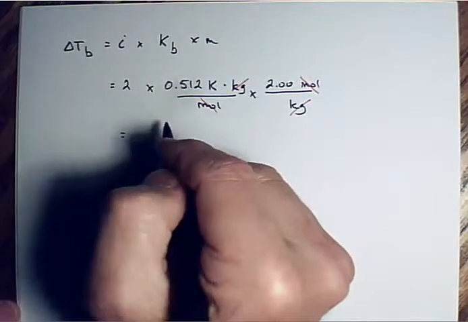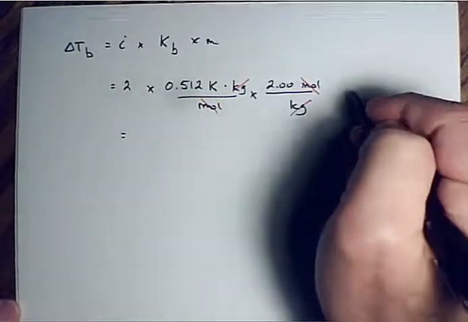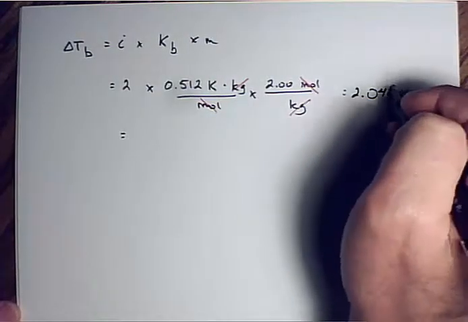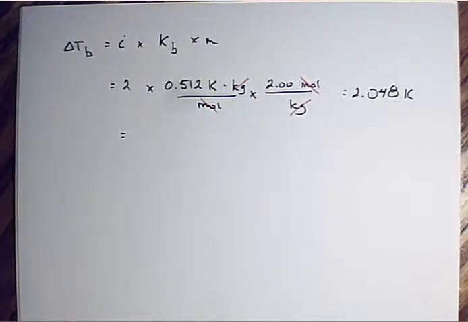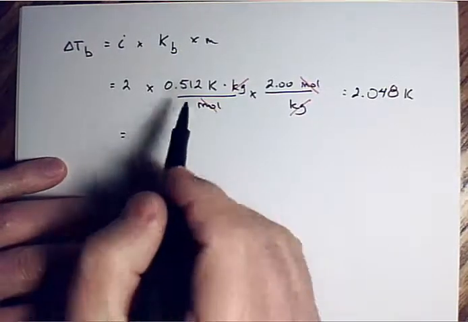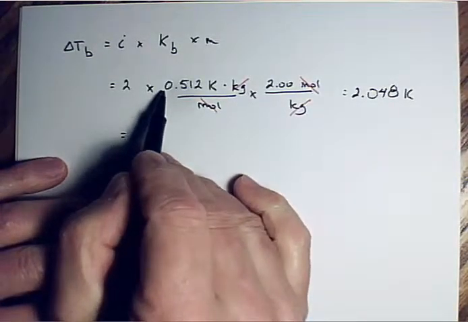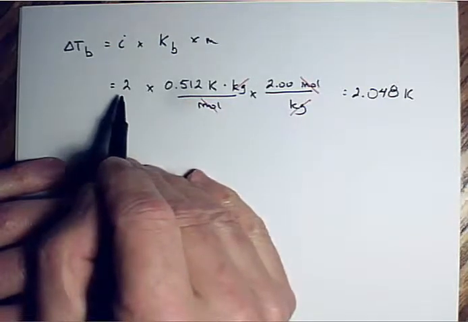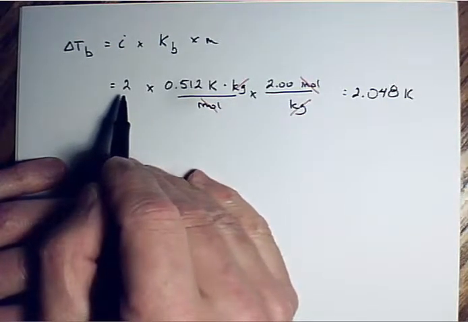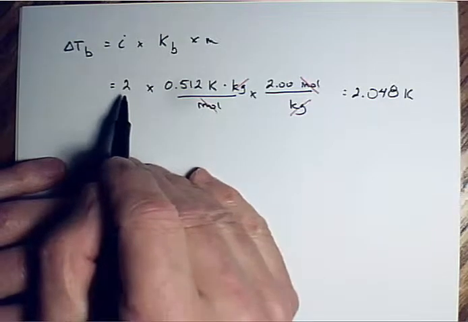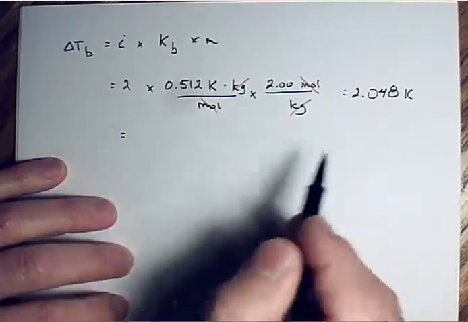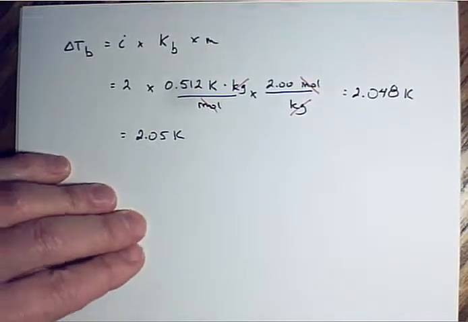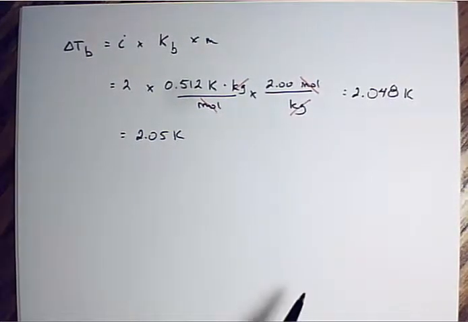So let's do 2.048 Kelvin. But how many significant digits do I need here? 3. This has 3 digits. That leading 0 is not significant. This has 3 significant digits. And this is a counting number because we counted the number of particles, right? So it's infinitely significant. We ignore this one. So we need 3 significant digits. 2.05 Kelvin is the change in boiling temperature.